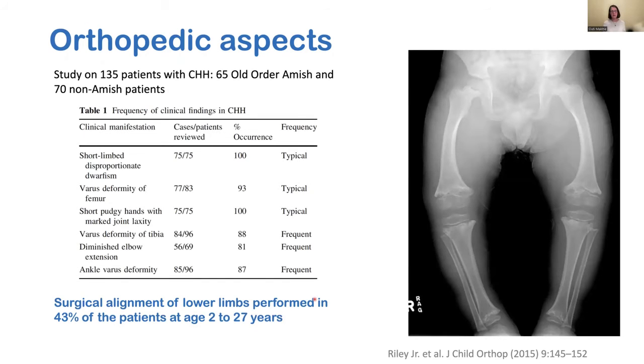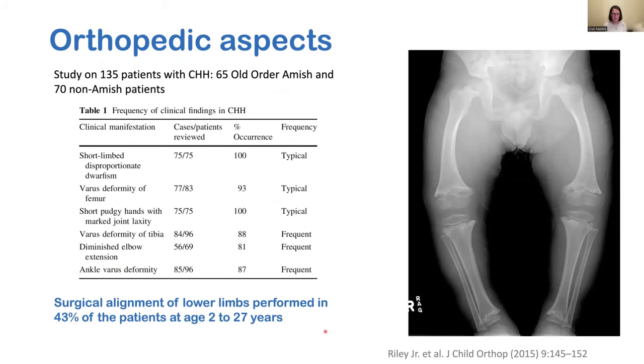Regarding the orthopedic aspects, especially when we are comparing with metaphyseal dysplasia, the patients don't usually have any major orthopedic problems. We don't have any very good studies from our patient population, but this is one that has been reported from US patients, including a large number of patients.